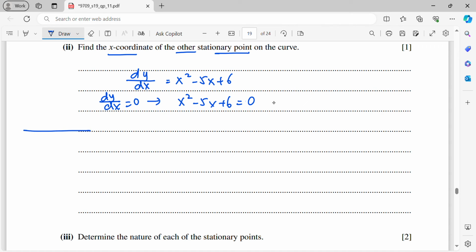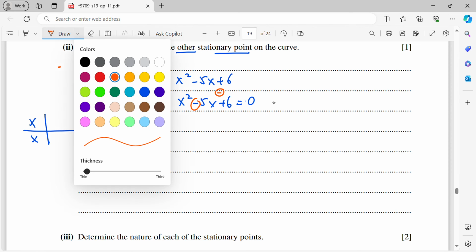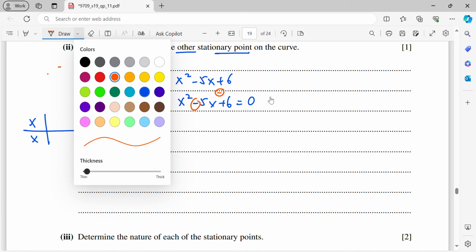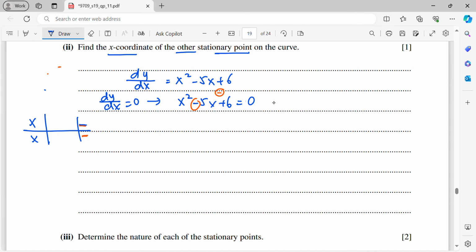So again, when I factorize, x times x is x squared. The 6 can be 6 times 1 or 3 times 2. But when you look at the sign, minus times minus is a plus, so I will have to write minus and minus first. Since I need to get minus 5 from the 6, this must be 3 and 2.